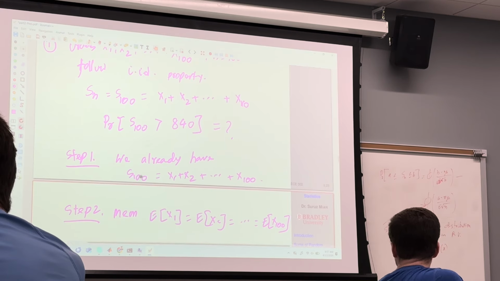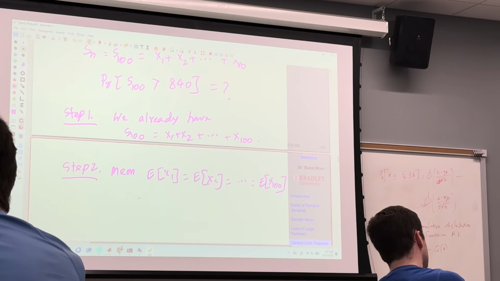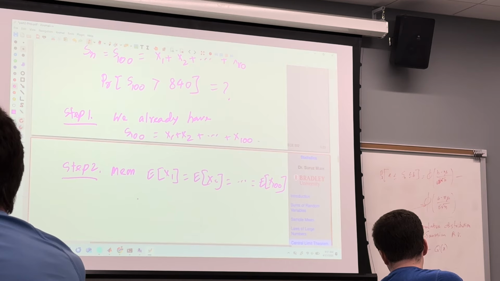The owner knows that on average each customer spends $8, so mu equals 8.